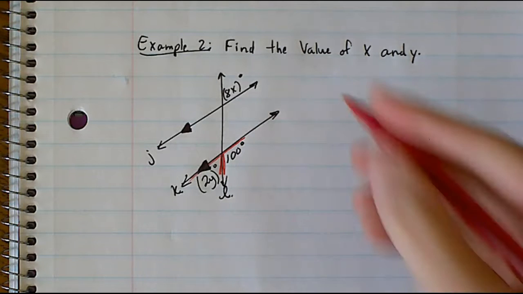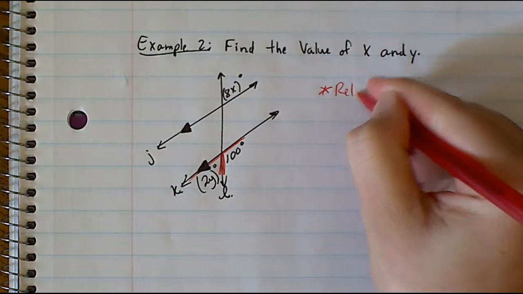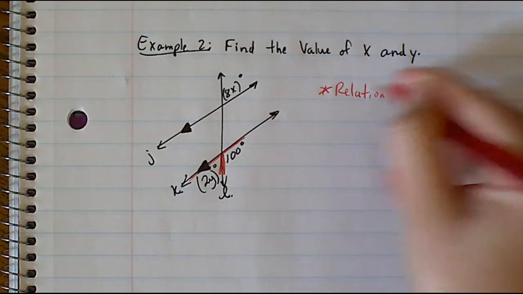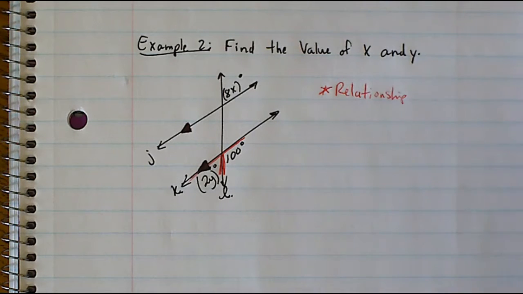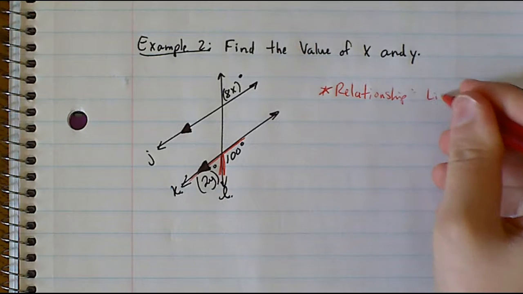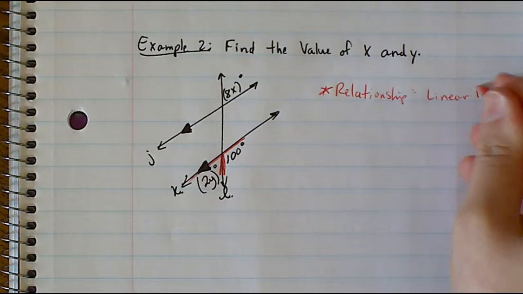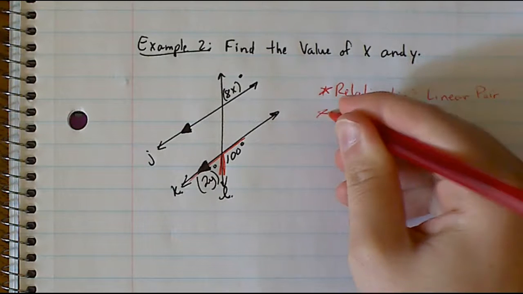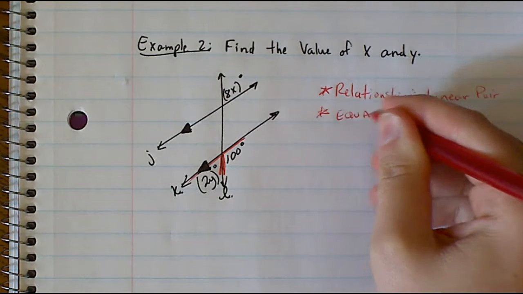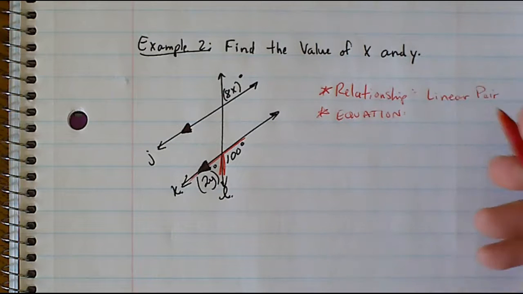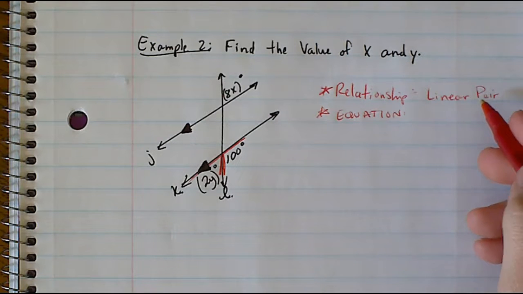So the first thing, just like all our other questions, find your relationship. Identify the relationship. You don't need to write it out like this every time. I'm just doing this as a reminder. So my relationship is a linear pair. Then set up your equation. We know that linear pairs add up to 180 degrees.